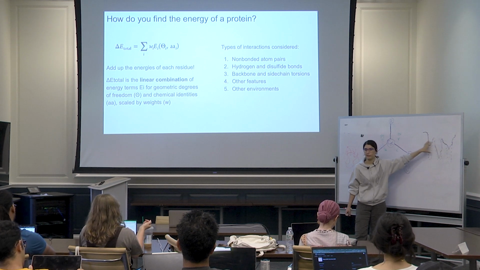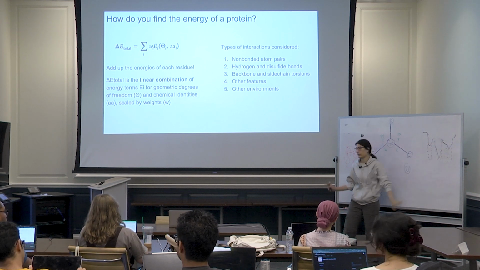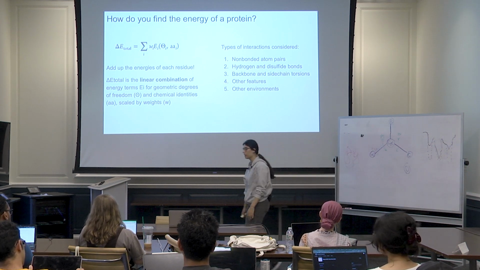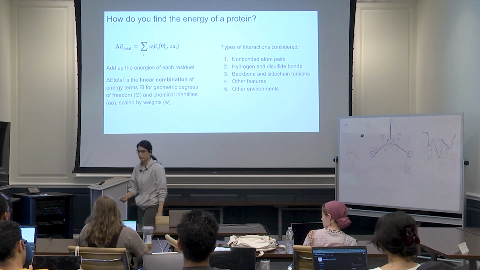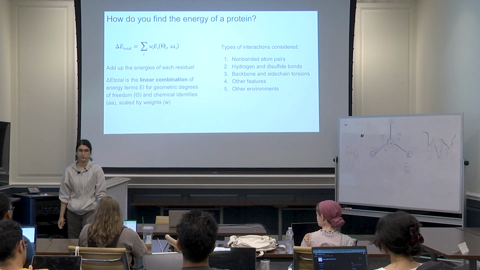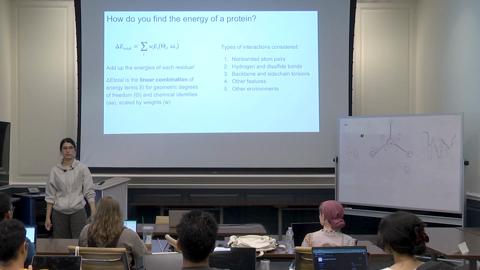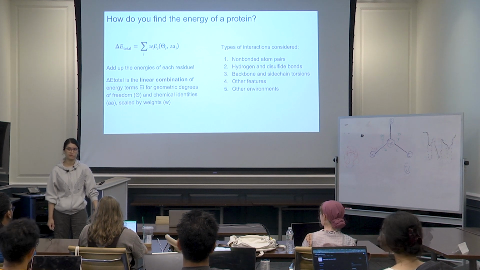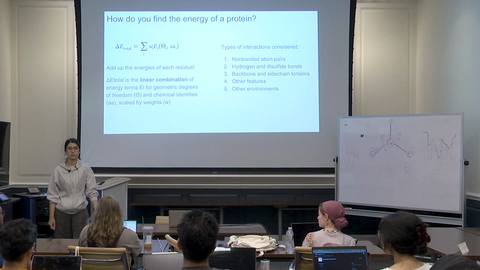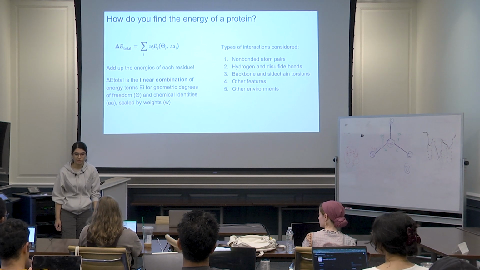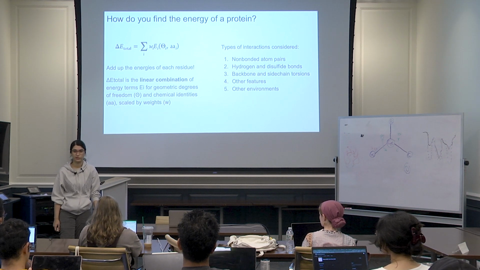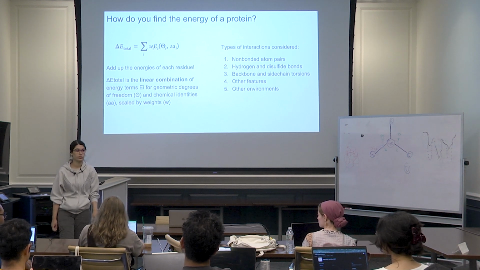And if we try to relate this back to everything we see here, what's an example of an environmental factor that changes the energy? Okay, pH. What is pH? Okay, so maybe something about concentration of hydrogen. Anybody else? Yeah.